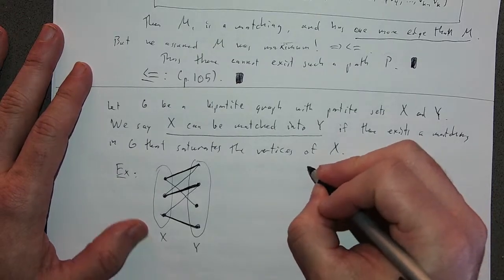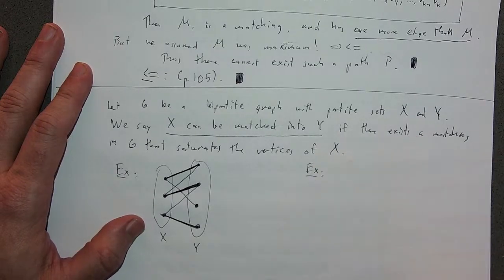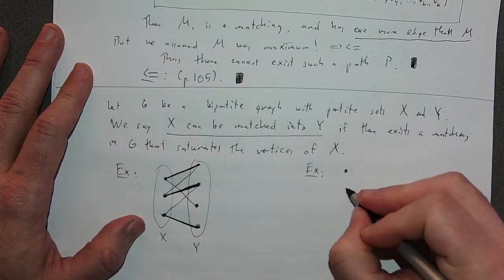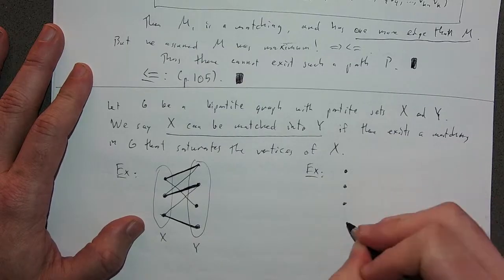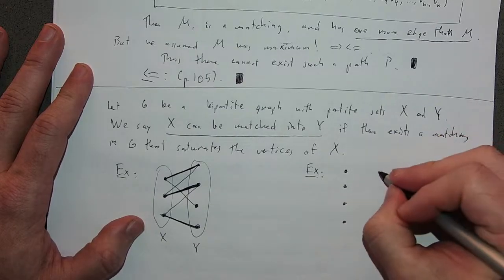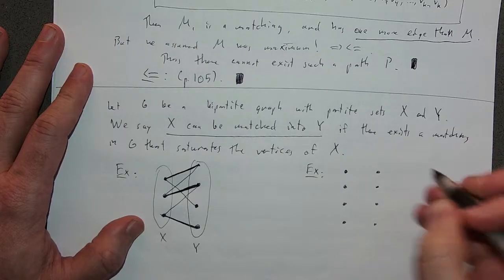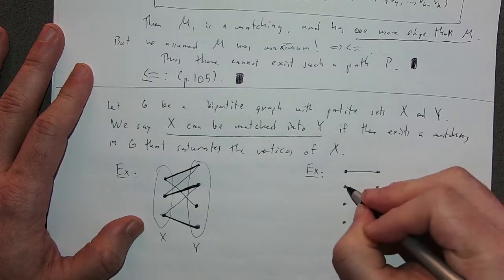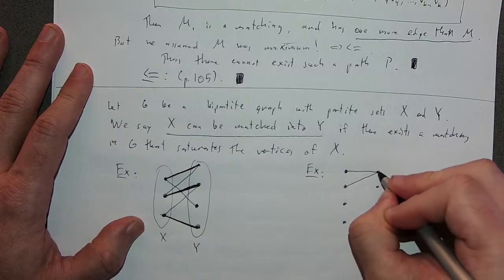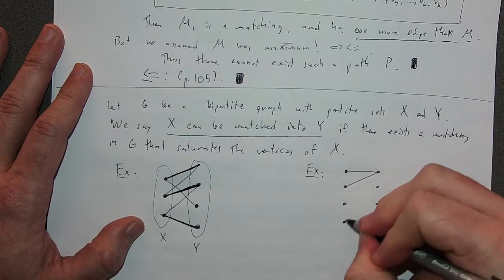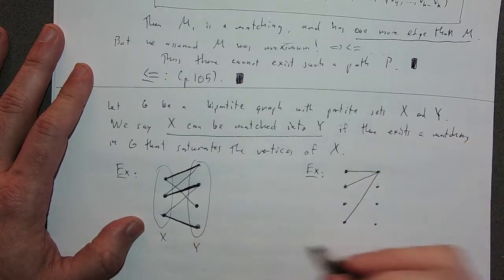So here's an example. Let's say I have the bipartite graph that looks like this, which does basically the thing that I described over here.